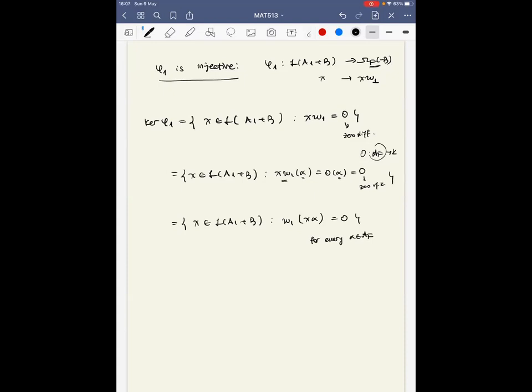And indeed, if so, that means omega 1 vanishes on the whole adele space, and this shows us, if it is true for non-zero x, that omega 1 is a zero differential, but that gives us a contradiction to our assumption. So this is only possible when x is the zero function in this Riemann-Roch space.